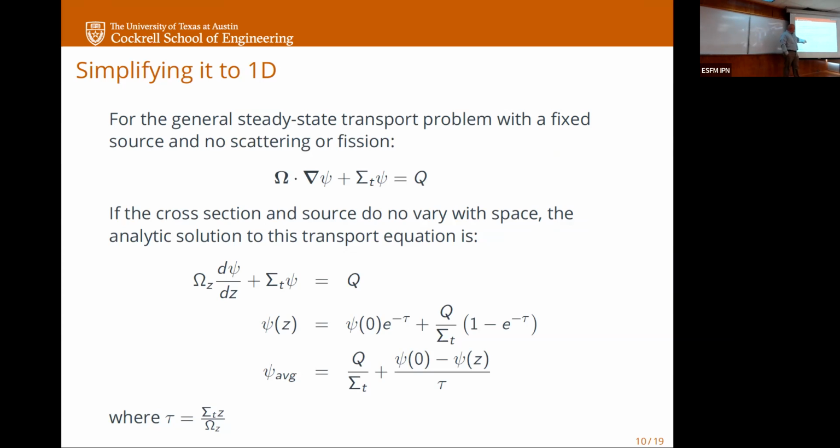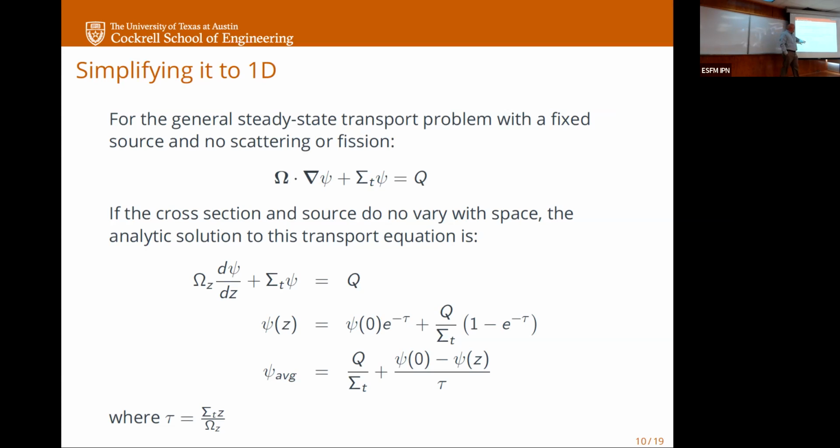We can analytically compute what psi as a function of z is. And so psi of z is psi at 0 times e to the negative tau, plus q over sigma t times 1 minus e to the negative tau, where tau is sigma t z divided by omega.